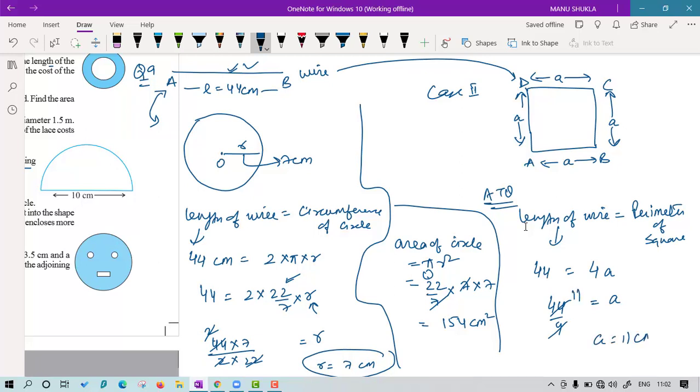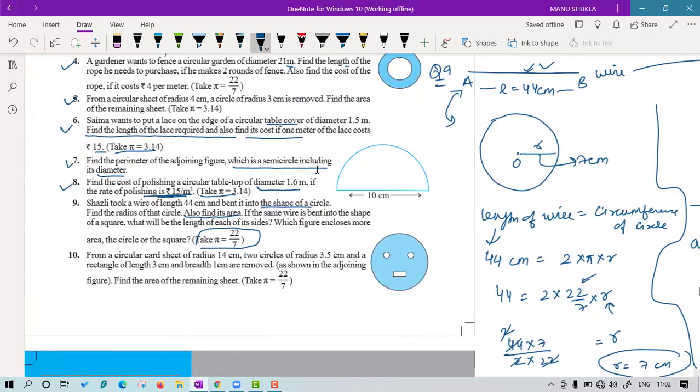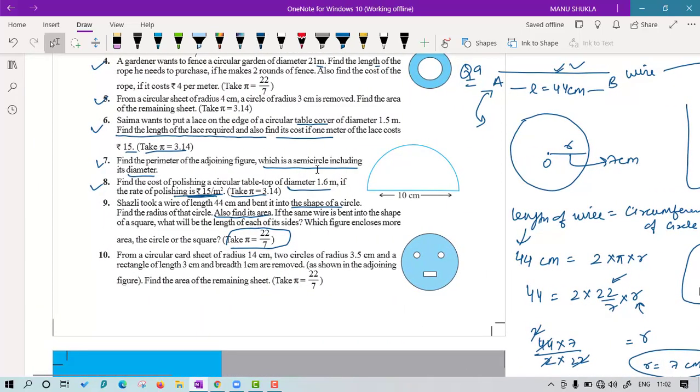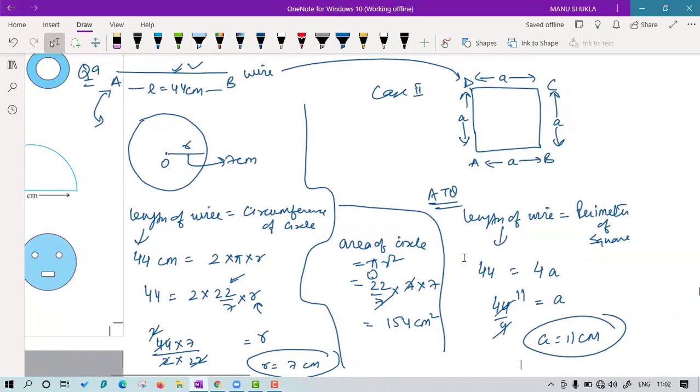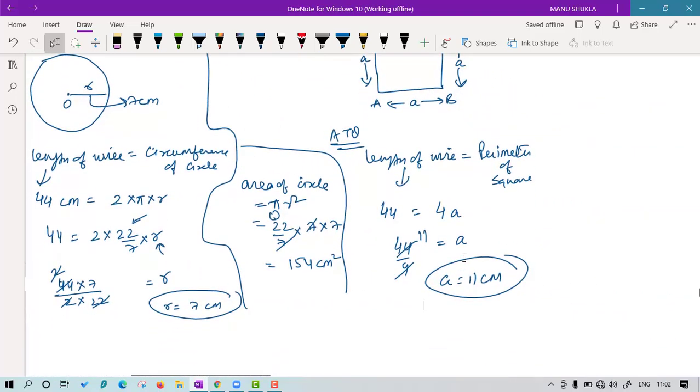Now let's read what they want us to compare now. They are saying which figure encloses more area. So we have to find area of this square also. Then only we can compare the area of circle and area of square. So area of square is given by a square or side square.